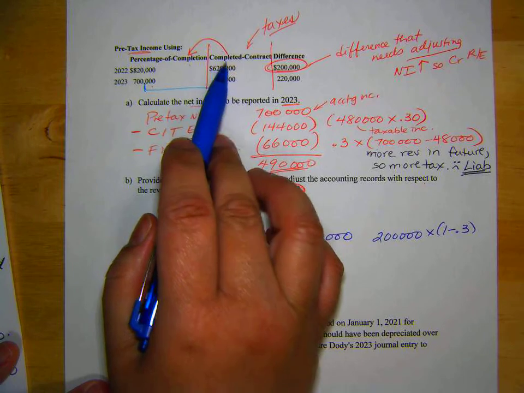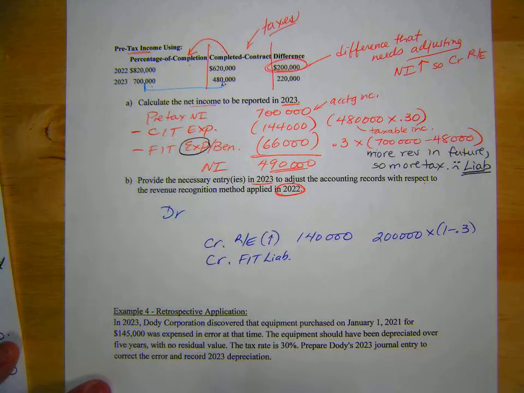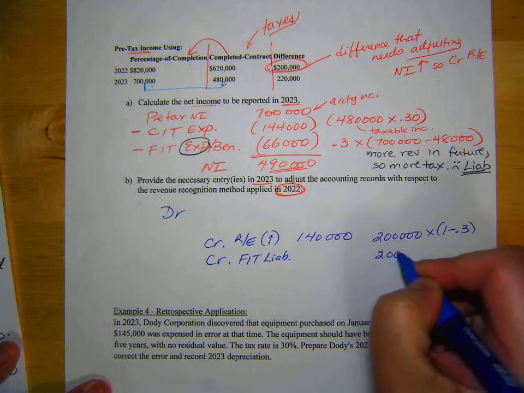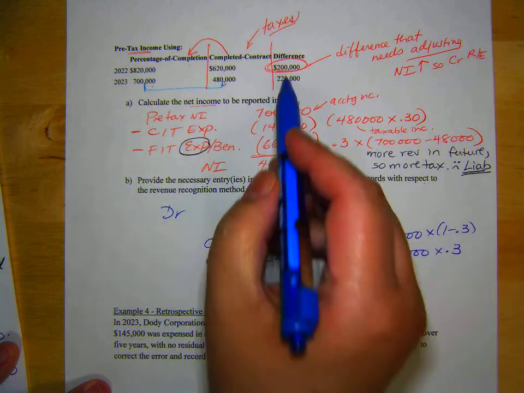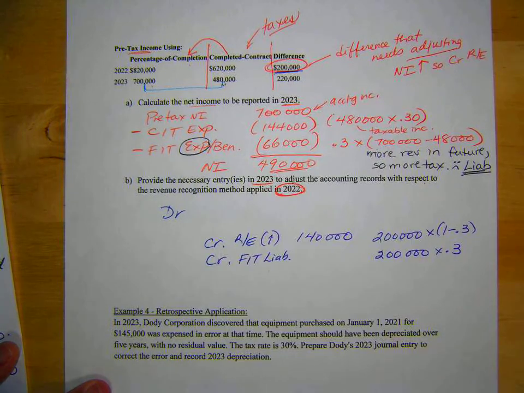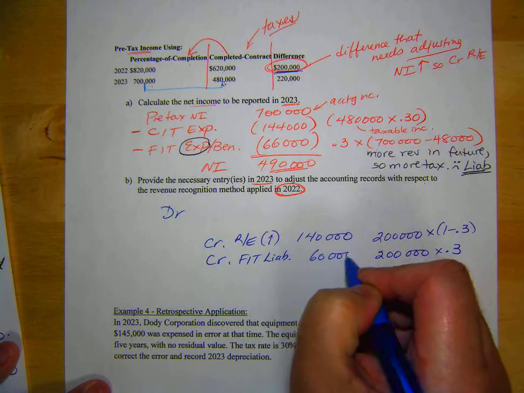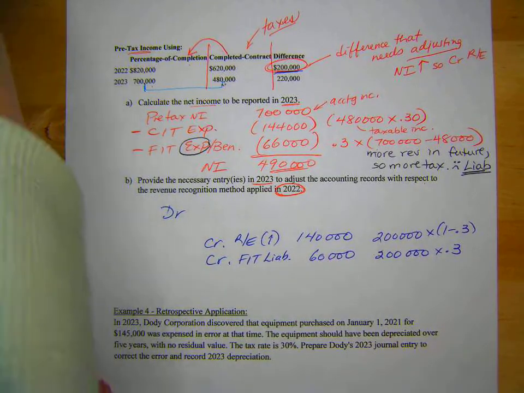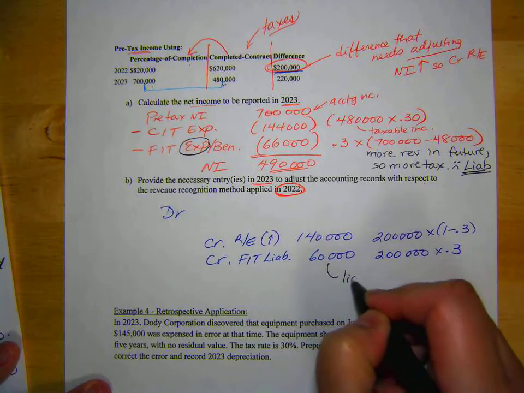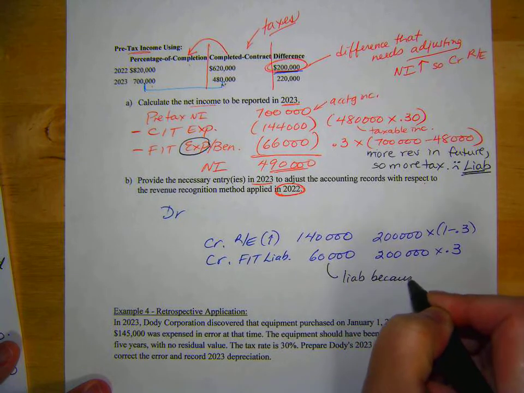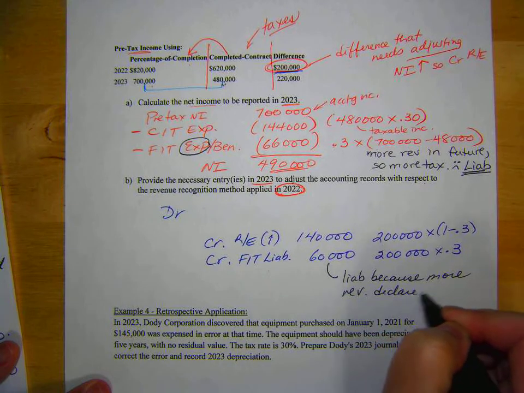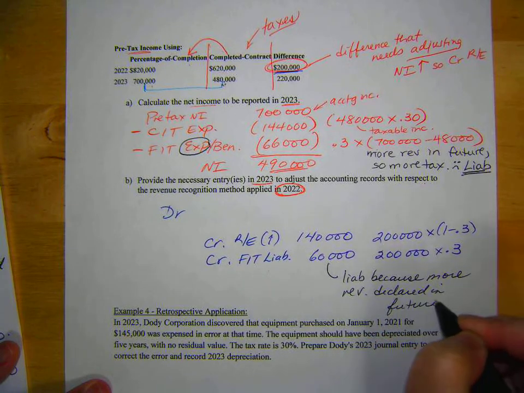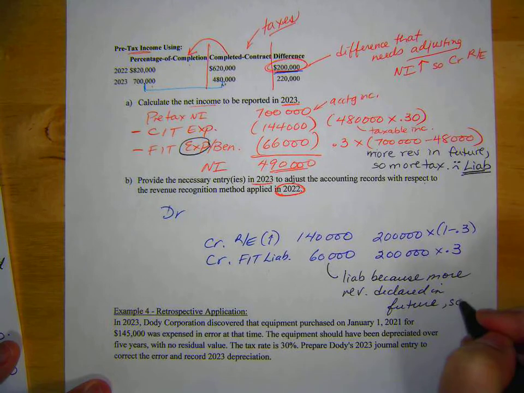Not enough revenue now. In the future, you're going to be unhappy. So FIT liability is going to be that 200,000 times the 0.3. So it's all based on the difference up here. So that's going to be 60,000. And again, we'll just make a little note. Liability, because more revenue declared in the future. So taxes will increase.